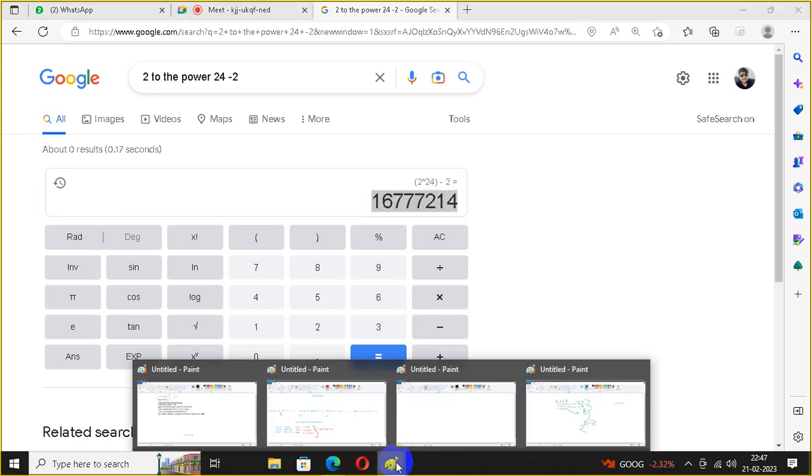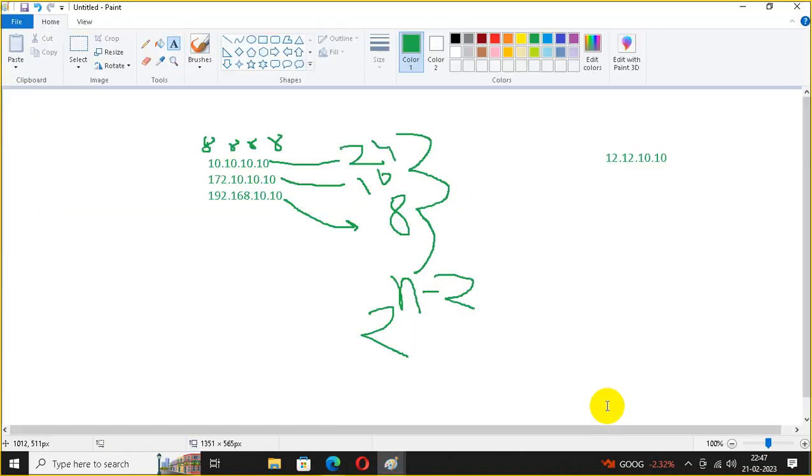What will be the value of this host bit? 16, right? Again 16. Where is your concentration? Which class does this IP address belong to? Check your notes.